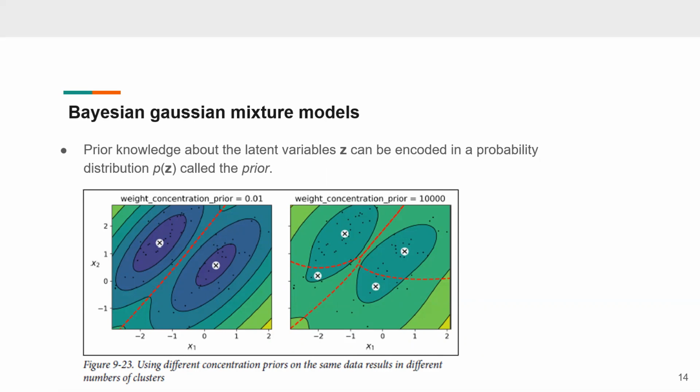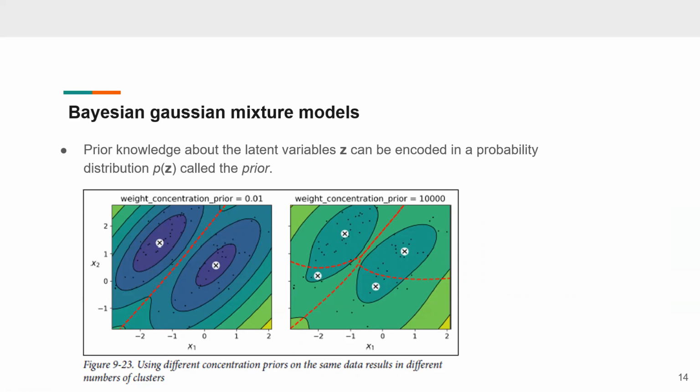And then if you have a weight concentration prior equal to 0.01, you come back with what we saw on the left-hand side, versus if you have a weight concentration prior equal to 10,000, you see what's on the right-hand side. So that concentration is really determining how this contour plot would look.